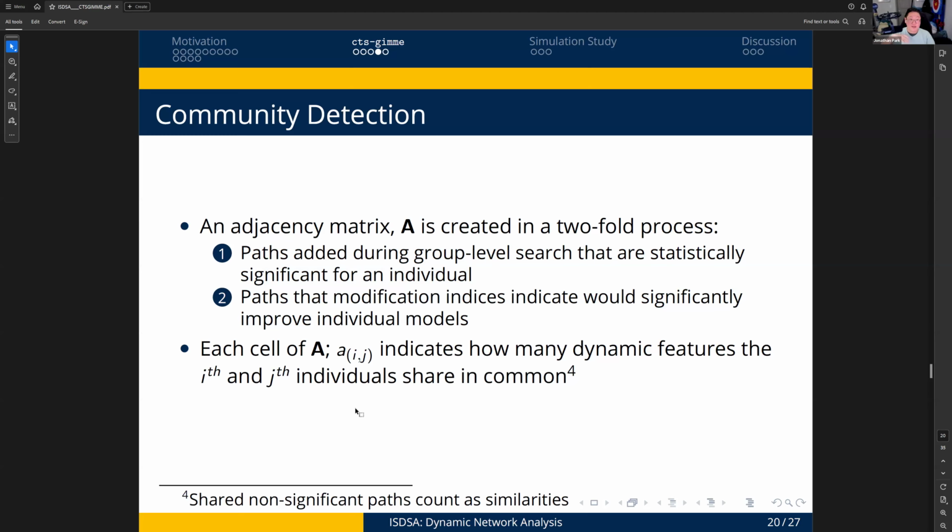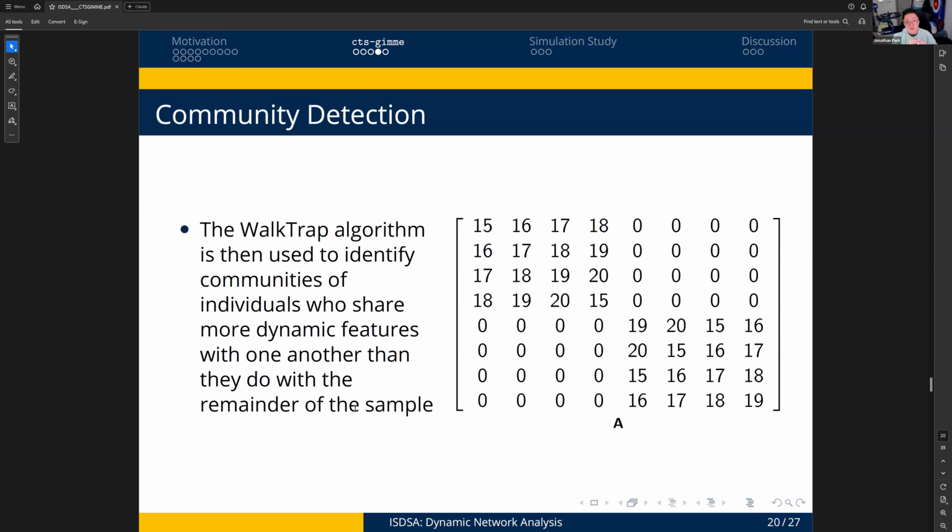These can be paths added during the group level search, but these can also be paths that the subject wants to have given their modification indices. So we have paths added and paths that could be added, and those represent cells in this adjacency matrix.